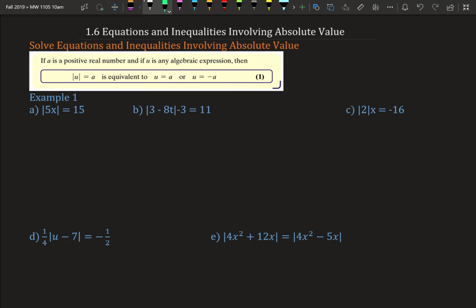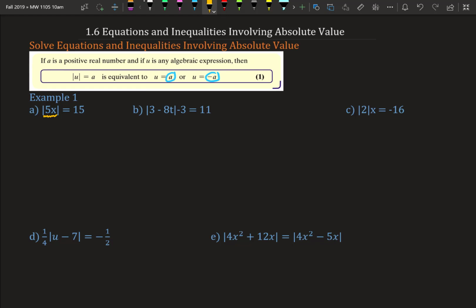So what that means when we're trying to solve equations is that we're going to have a positive version of A and a negative version of A. And if you're asking what the heck is A, the inside of the bars is A. Just like the example we did in class the other day where we had the negative exponent and the inside of the parentheses was A, so we had to set that greater than 0.